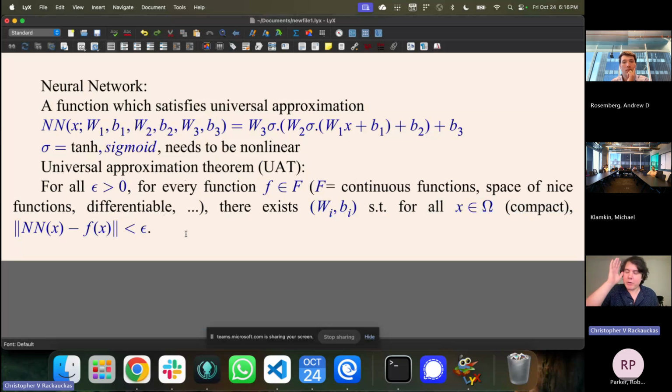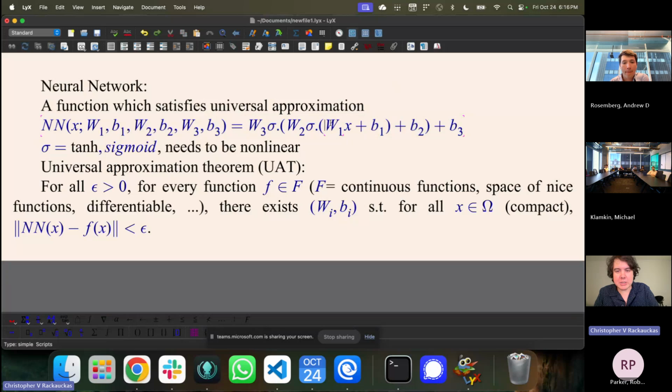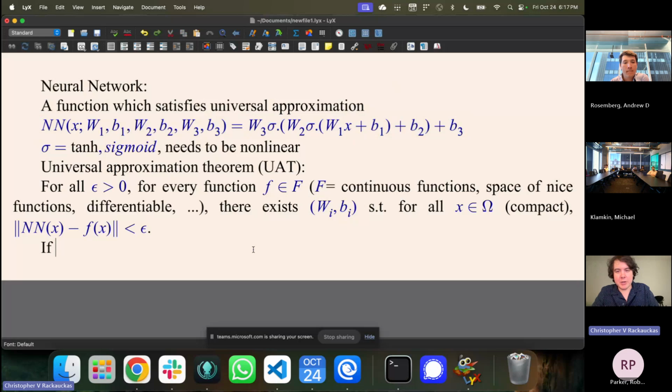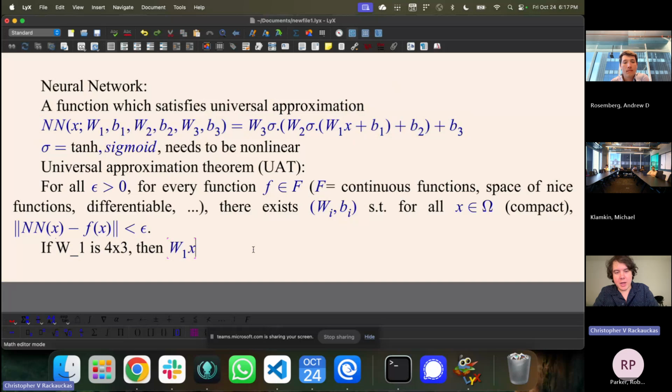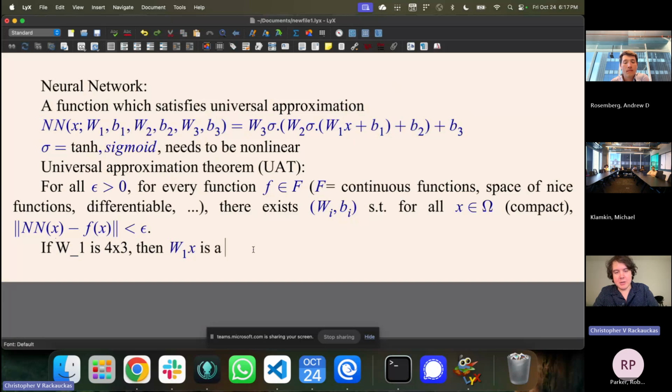And you might ask, how can you always do this? The real trick comes from the fact that you have these different layers. Let's say you have a vector of 3 things that comes in. If W1 is 4 by 3, then W1x is a length 4 vector.